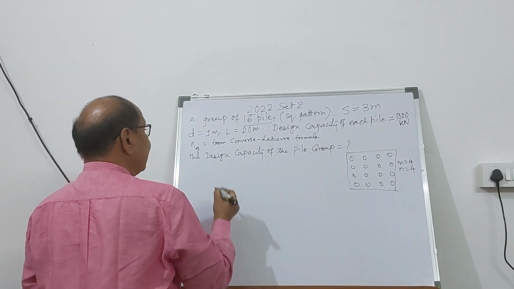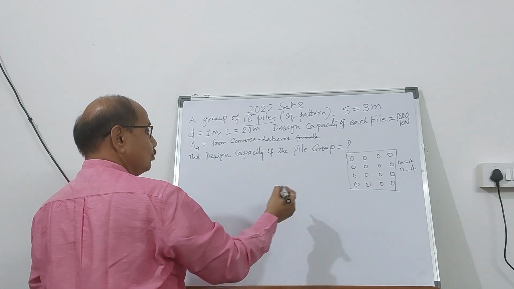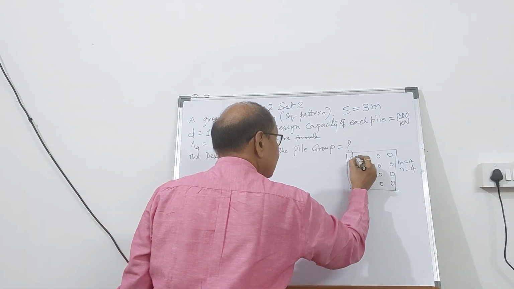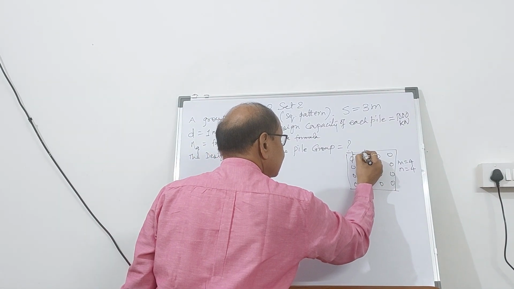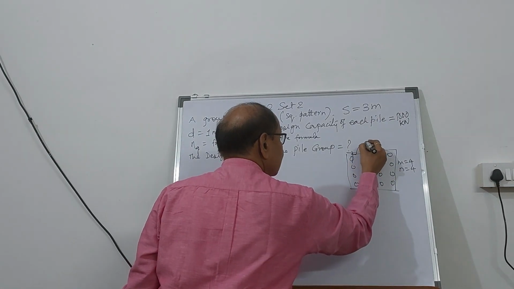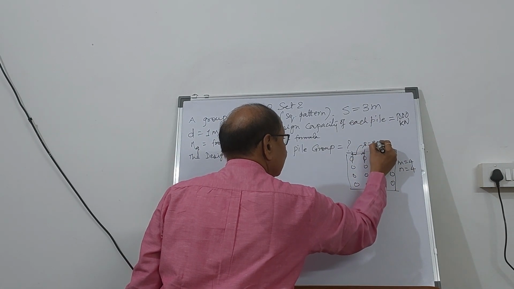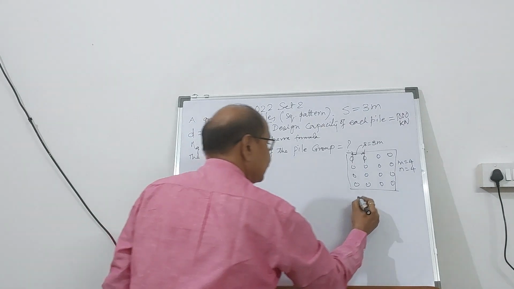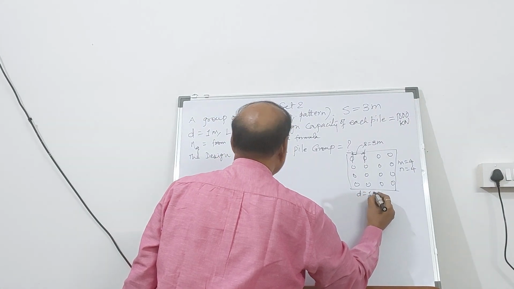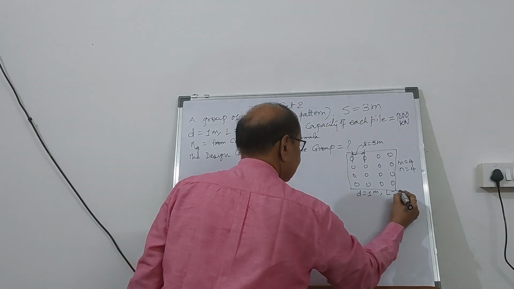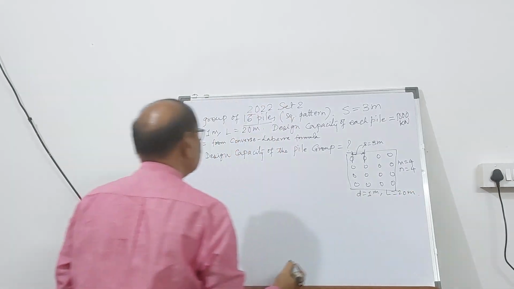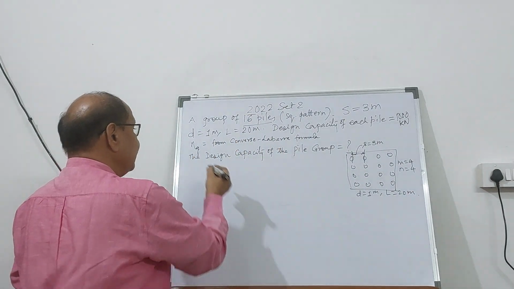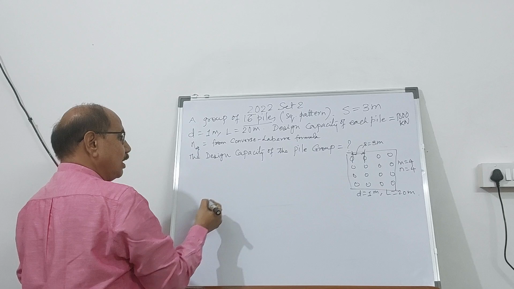And the diameter and length, center to center distance is also known to you, spacing equal to 3 meter. D is given to you as 1 meter and L is given as 20 meter. And eta G from the Converse-Lebedev formula.